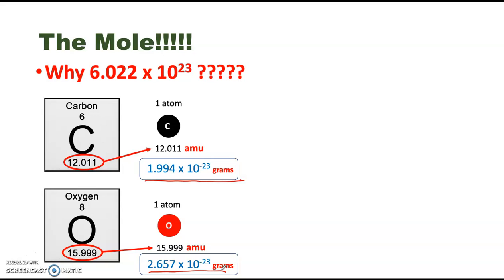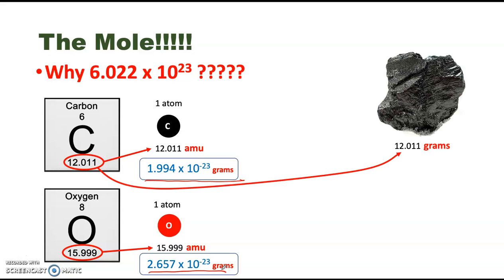Unless you're doing really, really advanced chemistry, in very specialized experiments. Most chemists never really use single atoms. So what we're going to do instead, we're going to take a sample of carbon that weighs the exact same value but in grams. So same number, different units. So we're moving from AMUs to grams. And we're going to do the same thing with oxygen.